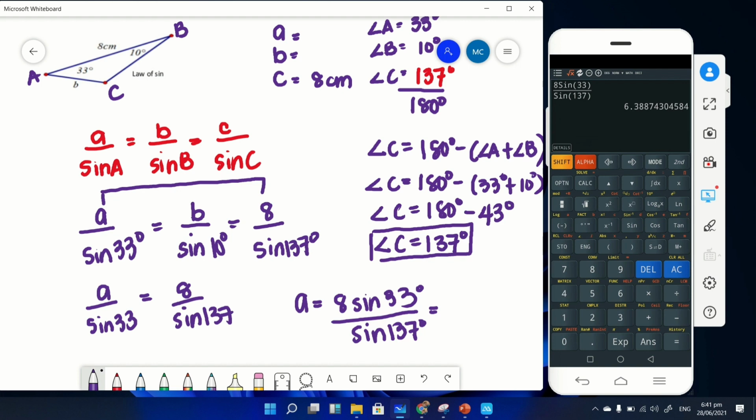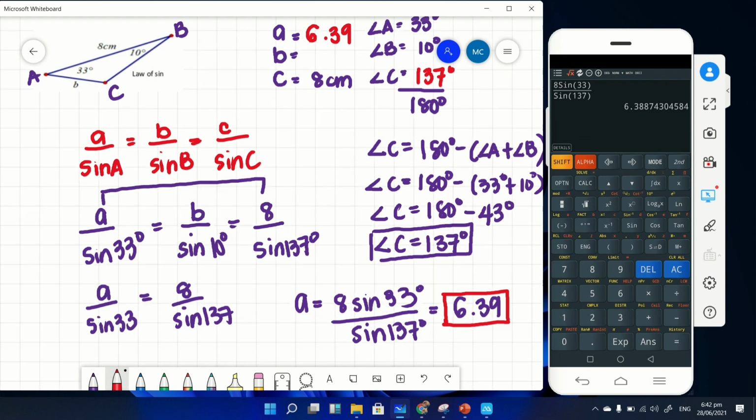Okay. So, ang nakuha nating sagot is 6.39. Okay, so this is the measure of side A. Okay? Next is, we're going to solve now for side B. So, we'll write here 6.39 and that's the measure of our side A.